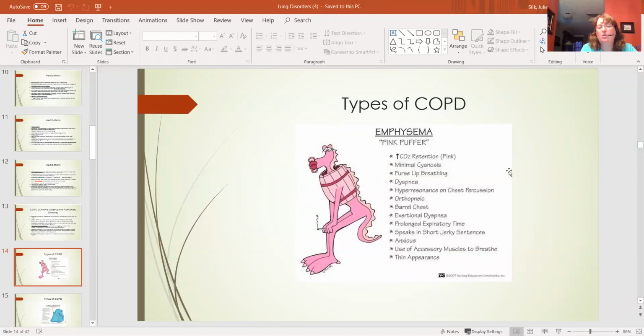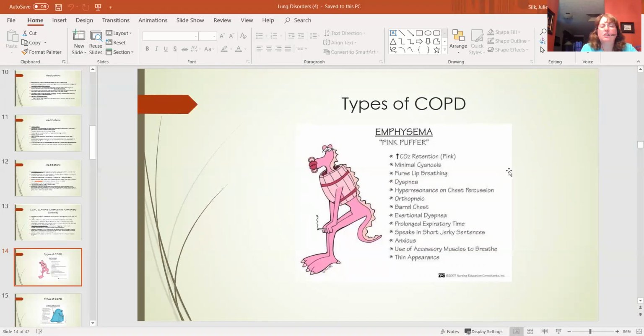So they have increased CO2 retention, but they are still perfusing okay. So they're still getting good blood flow to their lungs, so they're pink. They don't look like they have blue skin or anything. This is the person who typically will have a hard time breathing. They do that pursed lip breathing a lot.